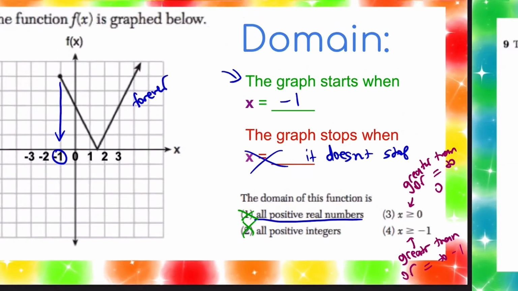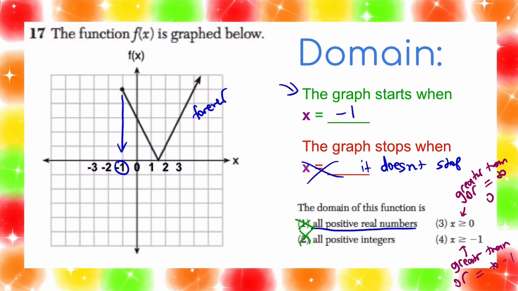So what do we think? Do we think that this is going to be all values greater than 0 or all values greater than -1? It's going to be choice 4, greater than or equal to -1, the or equal to because it's a closed circle, and 0 doesn't work because there are values before that.